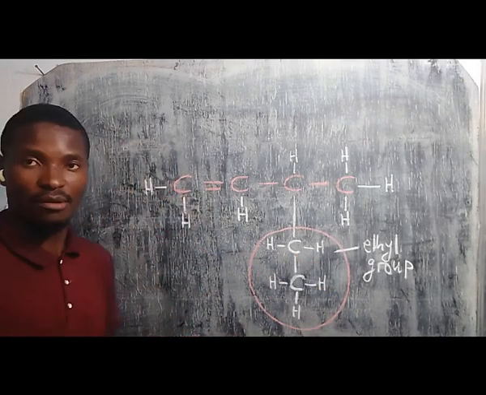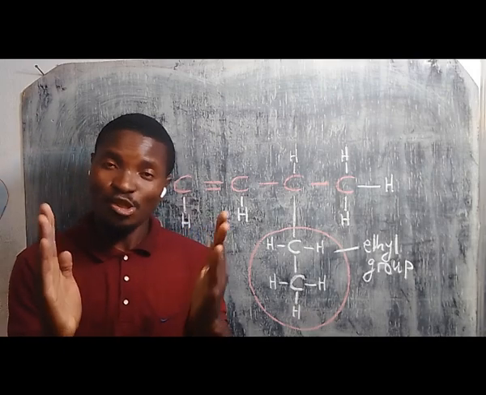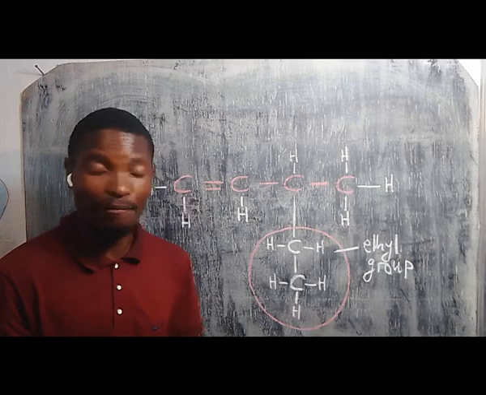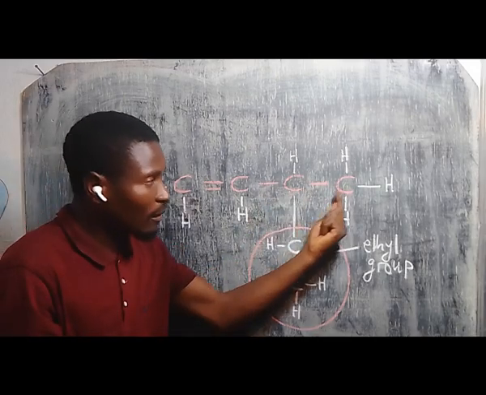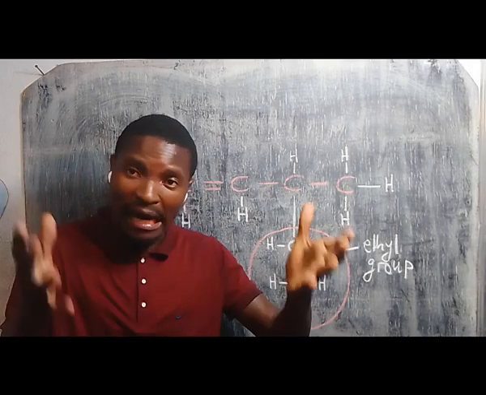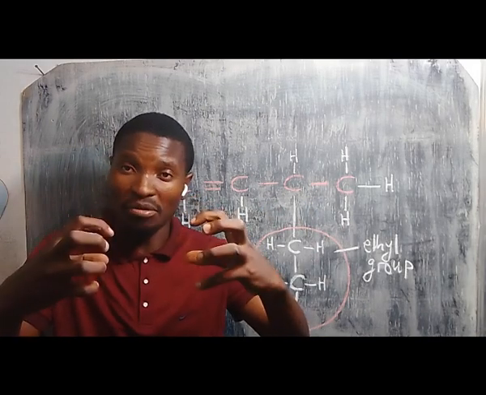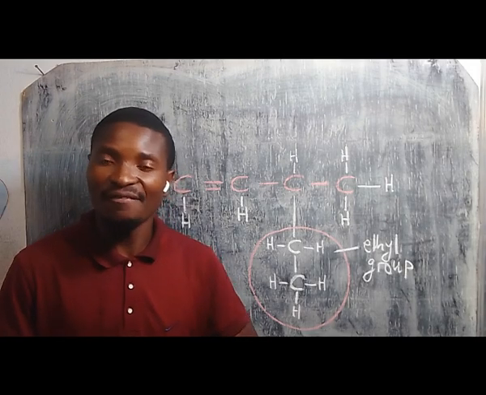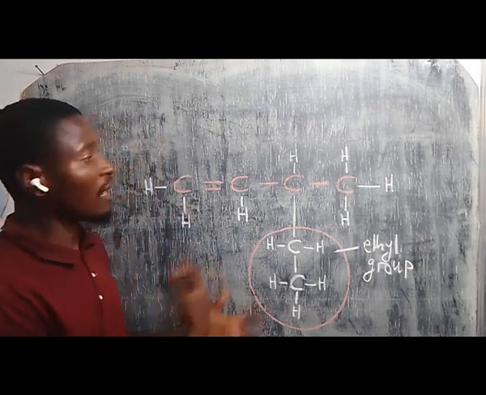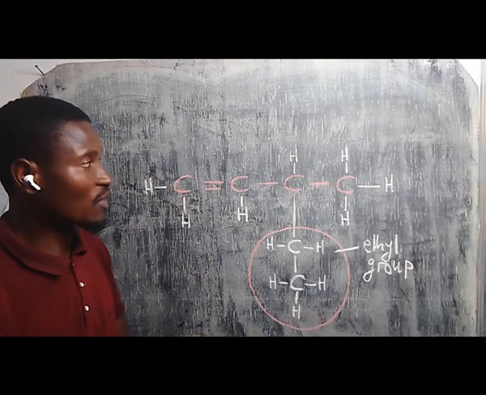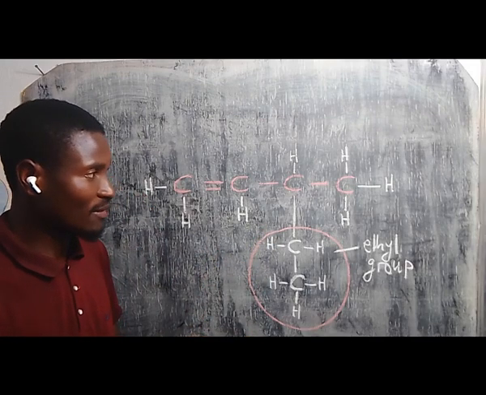At least one of the carbon to carbon bonds is a double bond. That is the way we can identify that we are dealing with hydrocarbons that are called alkenes.